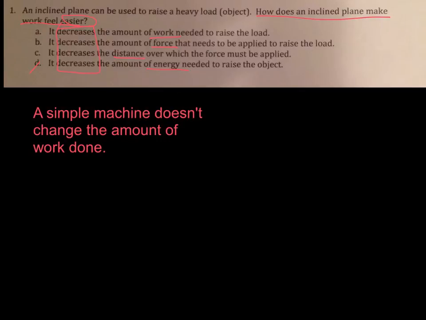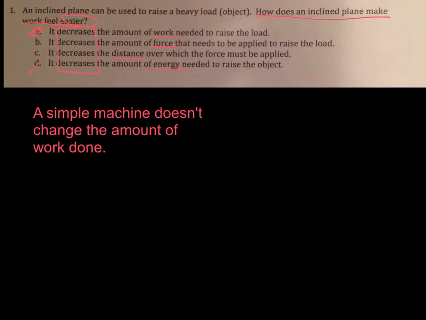So if a simple machine doesn't change the amount of work you do, then there can't be a decrease in work. So letter A is not your answer. Letter B says it decreases the amount of force that needs to be applied to raise the load.